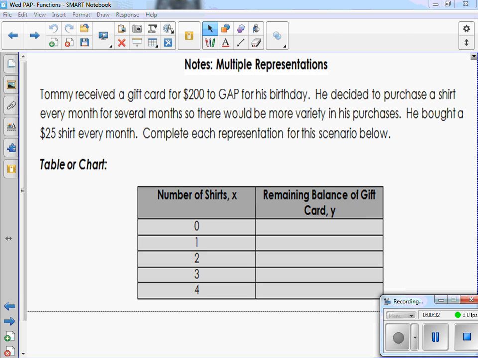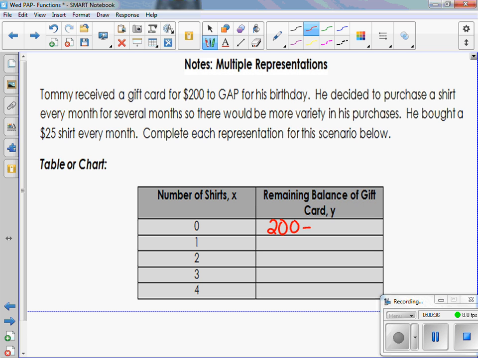Complete each representation. So we started off with $200, and the first month we didn't subtract any money from it. So 25 times 0. So we ended up with $200 still. Now after buying one shirt, we should be subtracting $25.